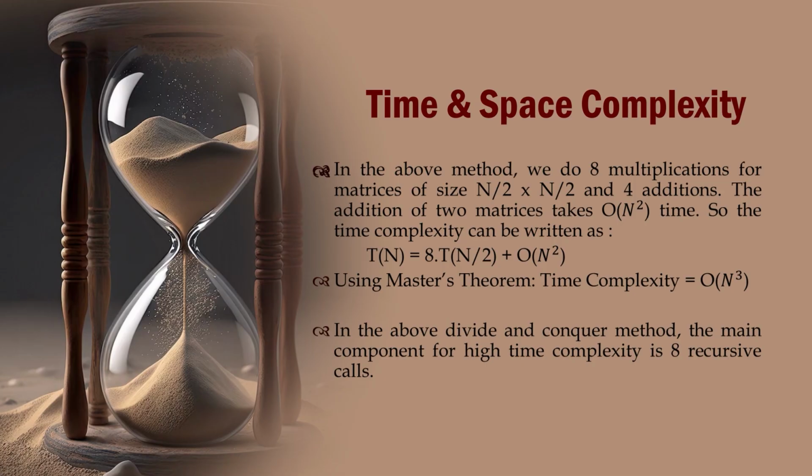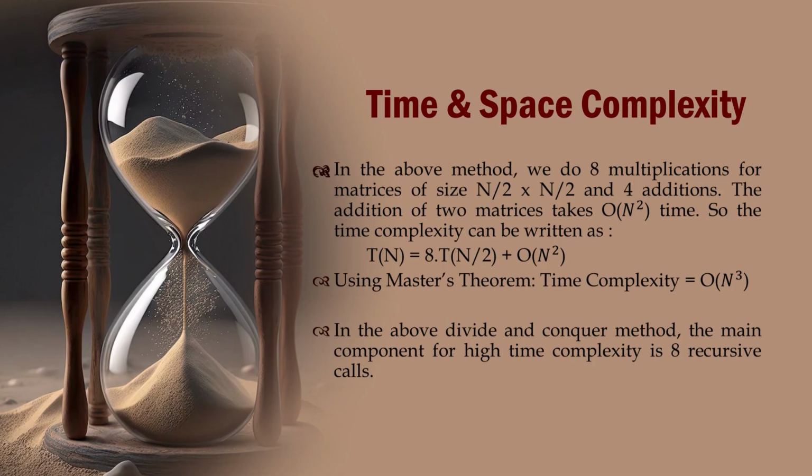In the above divide and conquer method, the main component of the high time complexity is the 8 recursive calls. In the next step that T(n/2) will become T(n/4), and this value will be put into the main equation T(n) = 8 T(n/2).